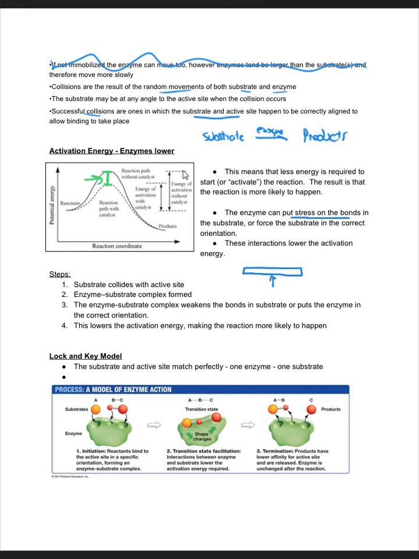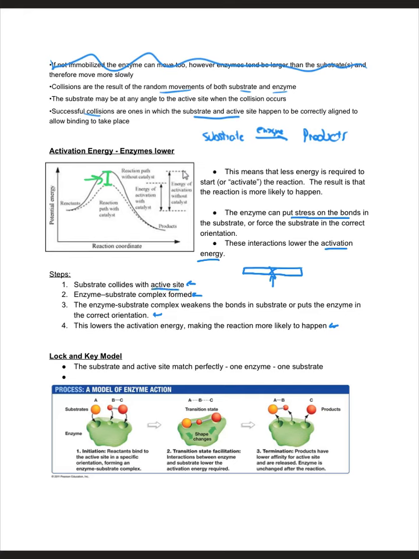So I'm adding energy there, or I'm changing the shape a little bit, putting a bit more stress on those bonds, so that the remaining energy wouldn't take much just to break that pencil into two, right? So the whole idea here is we're just making that reaction more likely to happen by lowering the activation energy.